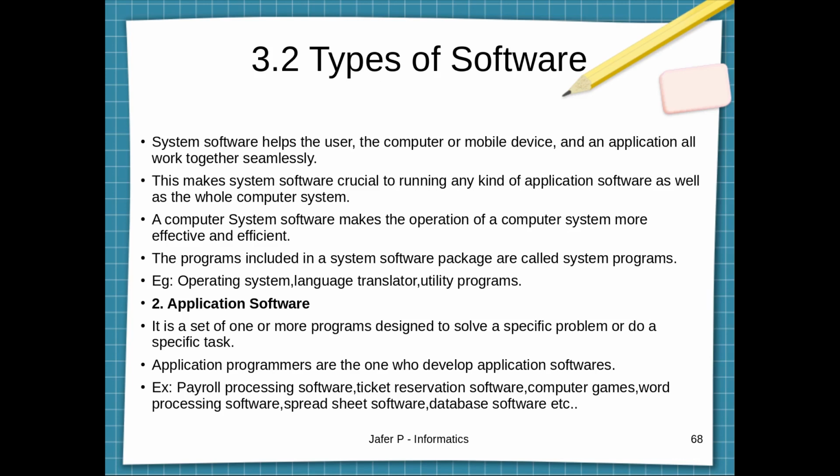The whole electronic components are controlled by the operating system for smooth performance, right? So an operating system is a kind of system software, and there are language translators, utility programs, etc. Utility programs means what?